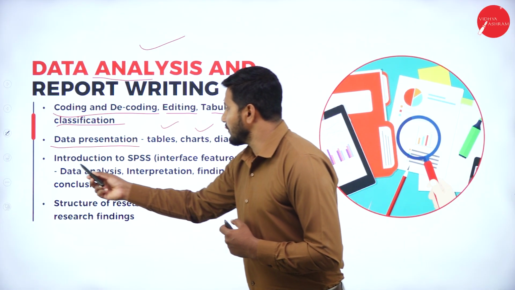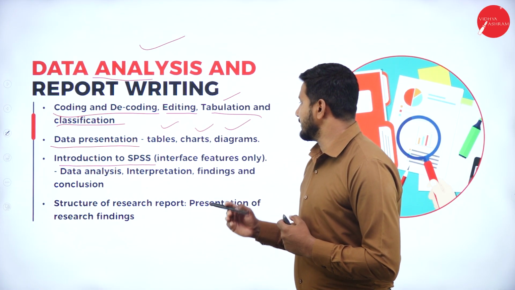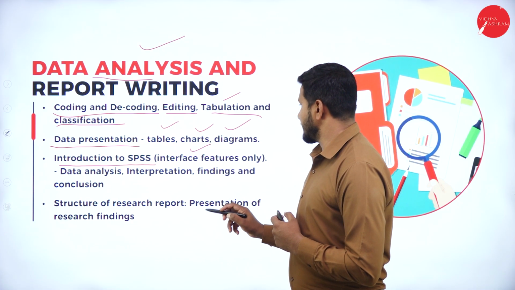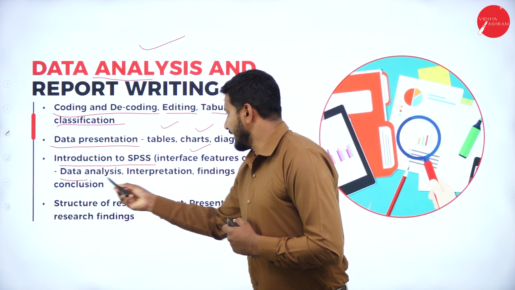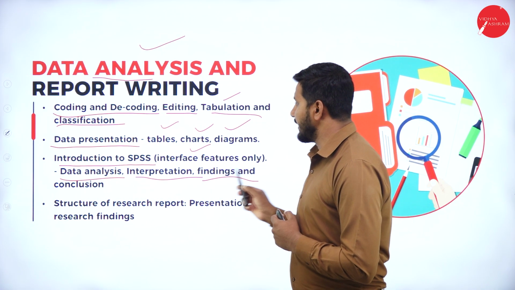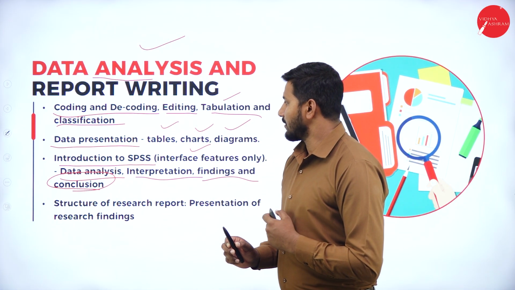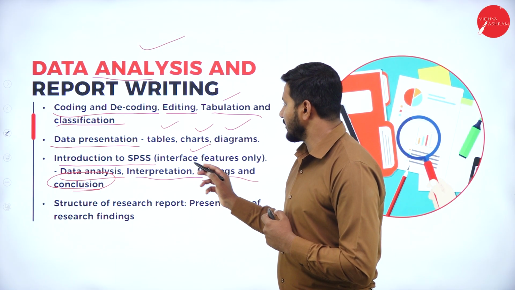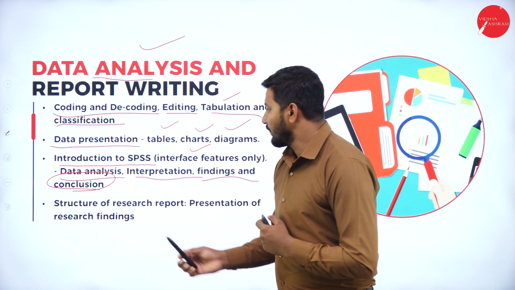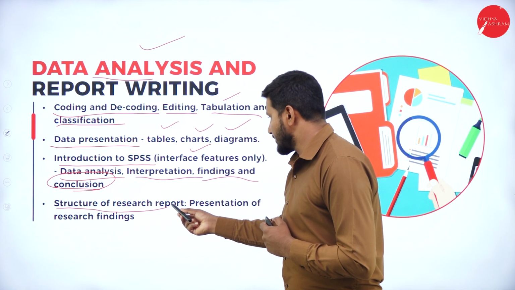Then move on to SPSS. In that we'll be having interface features along with the data analysis, interpretations, findings and finally conclusions. We are going with the introduction to SPSS along with the data analysis. Then finally the structure of the research report.